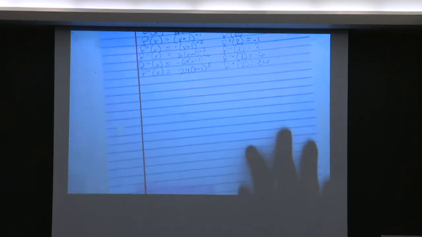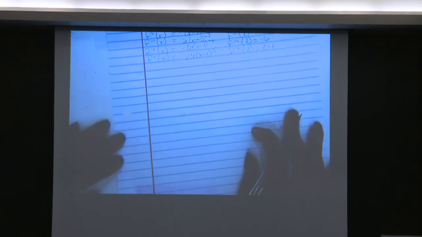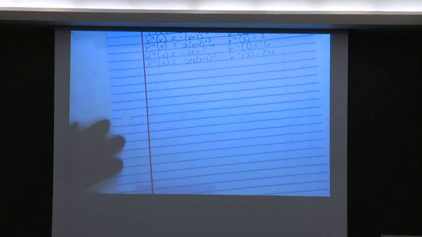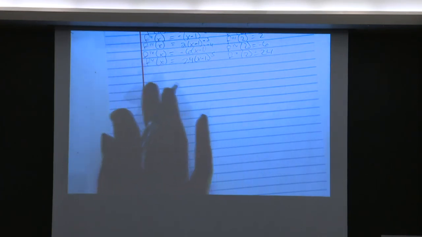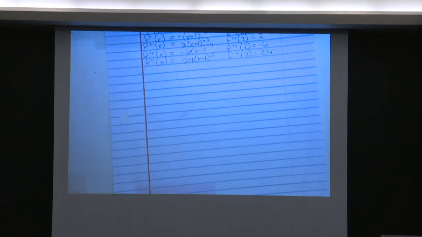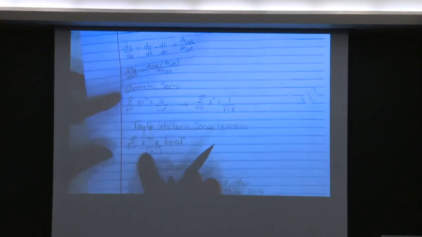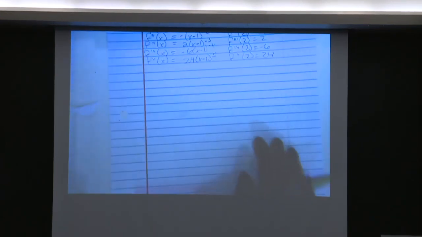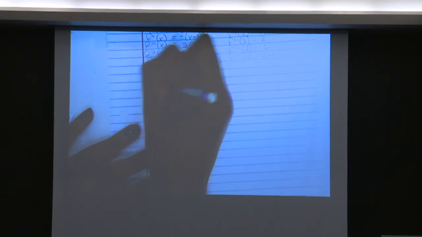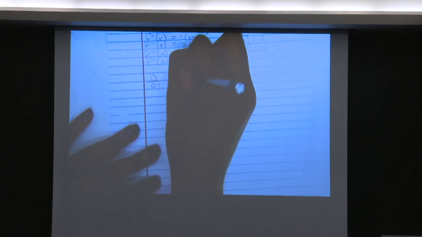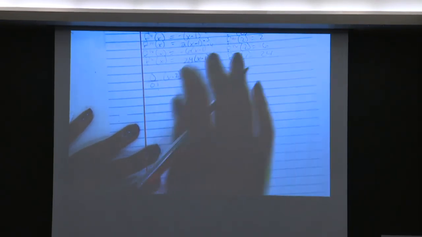Okay, so now I'm trying to find the pattern. So then I use the equation that I showed you guys here, and I write it out. My first term is 0 over 0 factorial times x minus 2. You really don't have to do that, but it's just for safe measure.